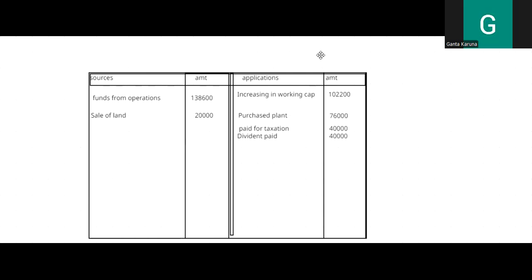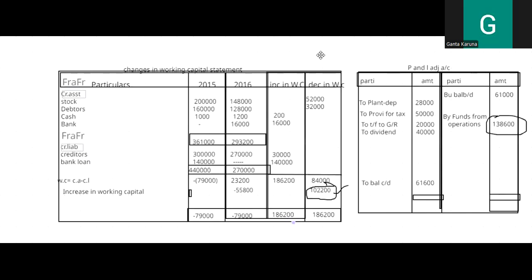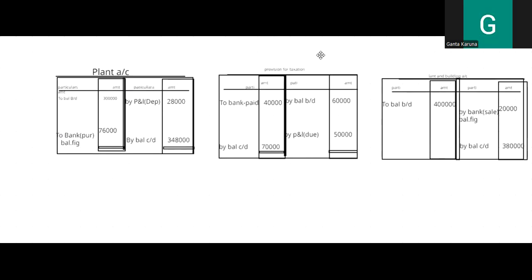Let me check. Paid for taxation is completed. Let me check once: paid for taxation is 40,000, sale of land 20,000, and 76,000 is the purchase. Yeah, right.